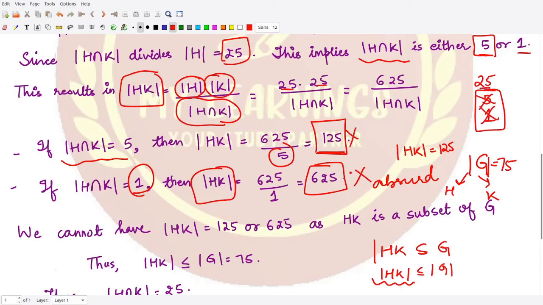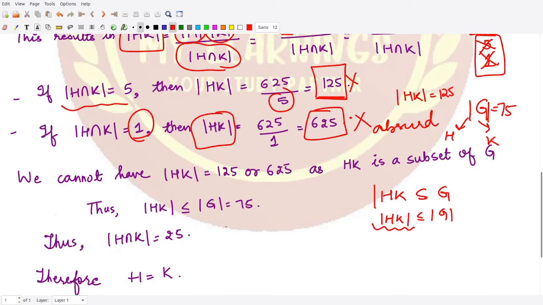So that means the intersection has to have order 25. If the intersection of H and K has order 25, then this intersection contains 25 elements in total. H also has 25 elements and K also has 25 elements. So all the elements of H and K are the same, because only then are they present in the intersection.